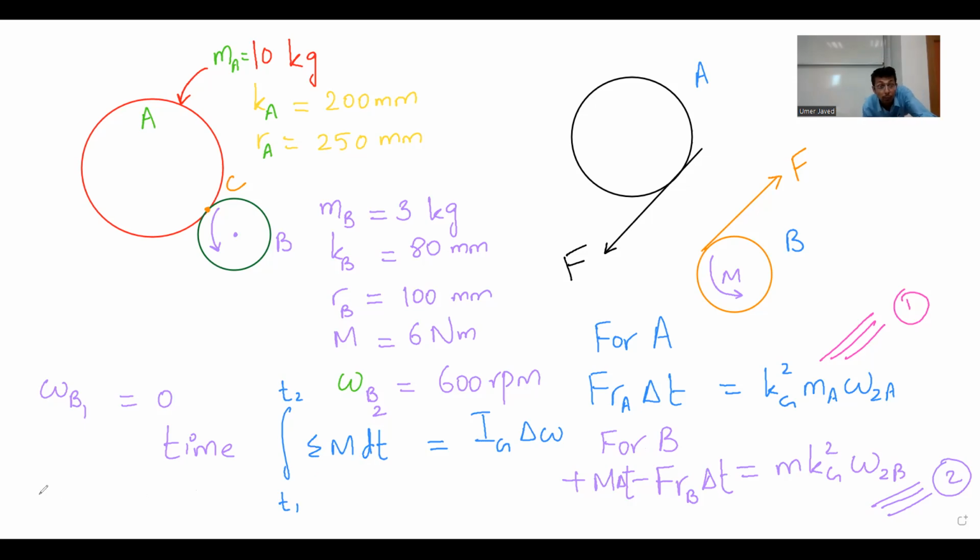So omega 2b, or omega b, whatever you want, comes out.